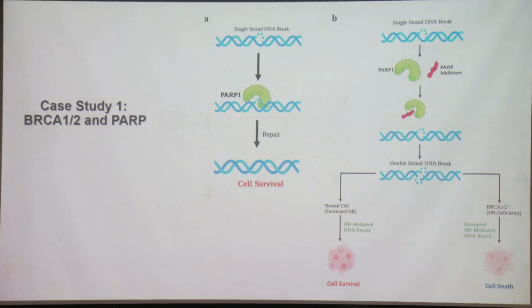Single-stranded breaks are fixed by PARP, and if you add PARP inhibitors, then the single-stranded break will not be fixed. Eventually, this will lead to a double-stranded break. Normal cells will fix it because they have BRCA1, BRCA2, but cancer cells will die.